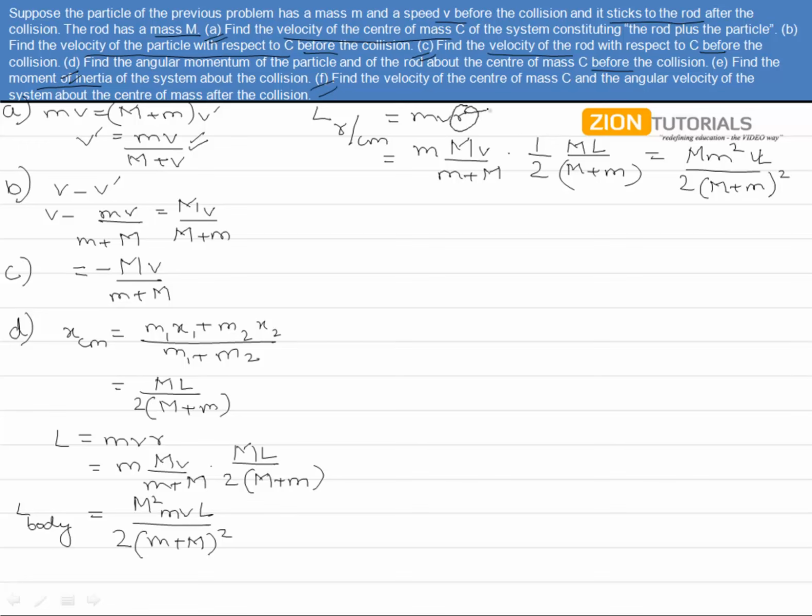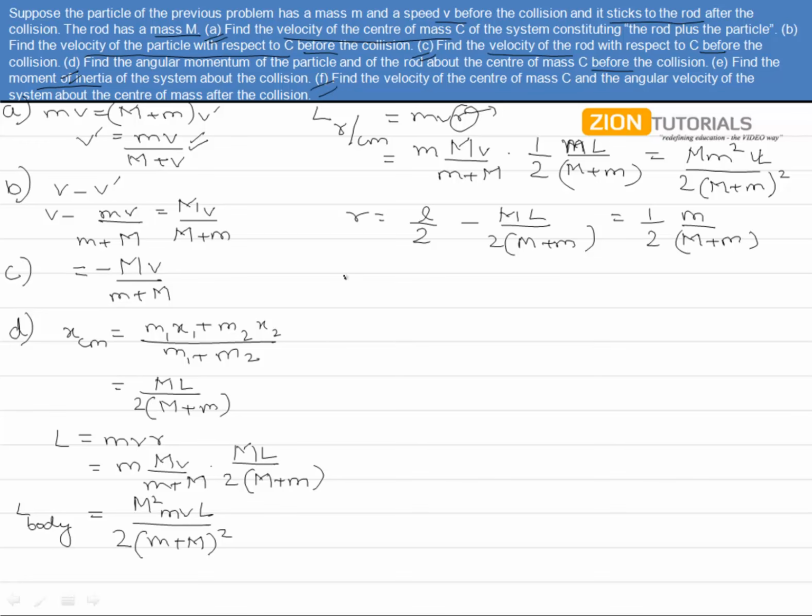Now how we got r over here was because r is now L by 2 minus mL by 2 into m plus M. So we got it as half, this was small m actually, so half m plus M, right?